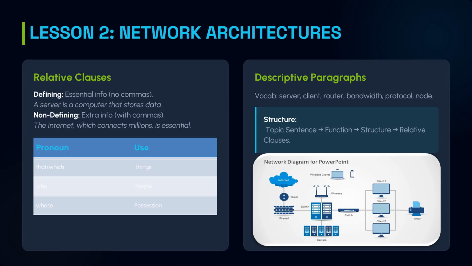Notice the defining clause. It tells us exactly what a server is. If we remove it, the sentence loses its meaning. However, the non-defining clause is just extra bonus information. Always remember to wrap that extra information in commas.